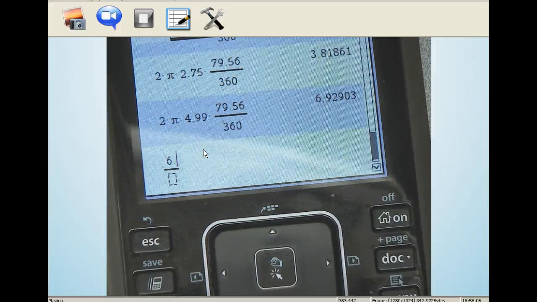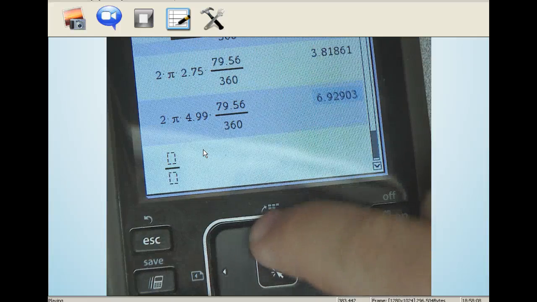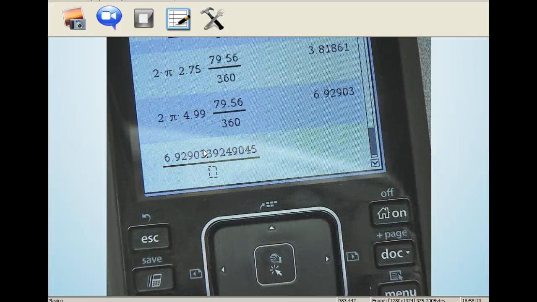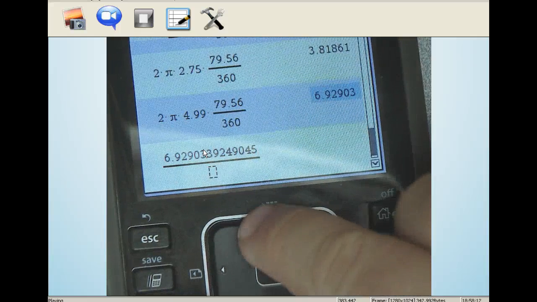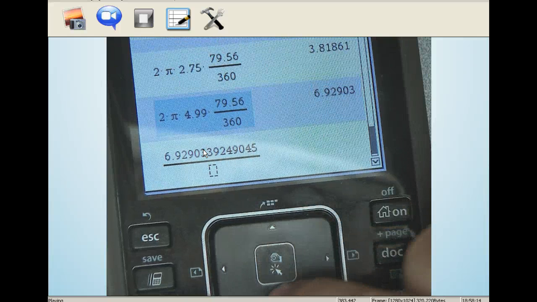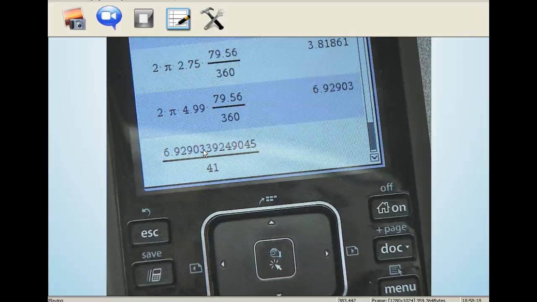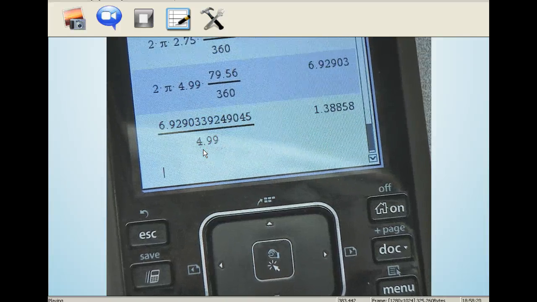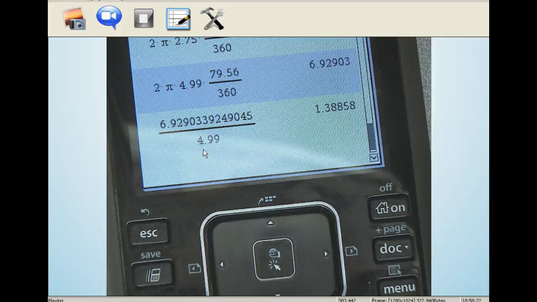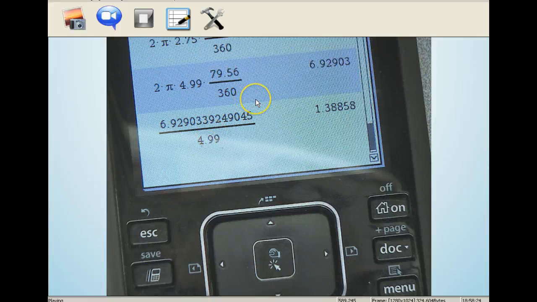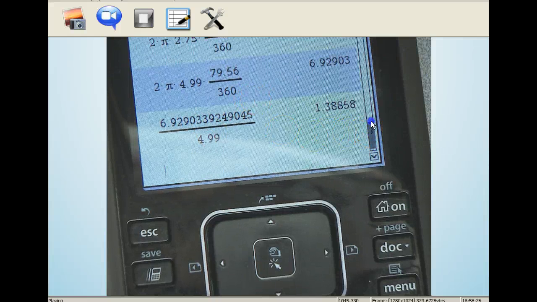Let me do it this way. I'm going to go up here and just copy that value and paste it down. There it goes. Very, very precise. And we'll just put it over 0.99. We get 1.38858. That's sure interesting. Let's get back to that in just a minute.